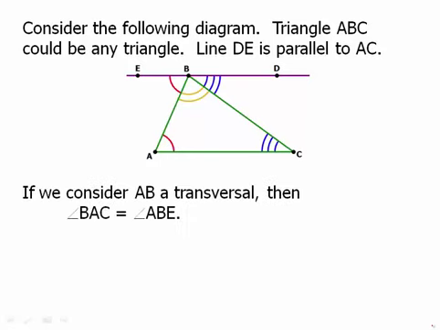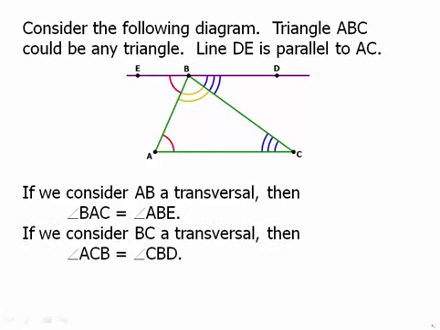Well, if we consider AB a transversal, then those two red angles, BAC and ABE, are equal. Those are congruent angles there. If we consider BC a transversal, then the two blue angles, ACB and CBD, are also congruent.